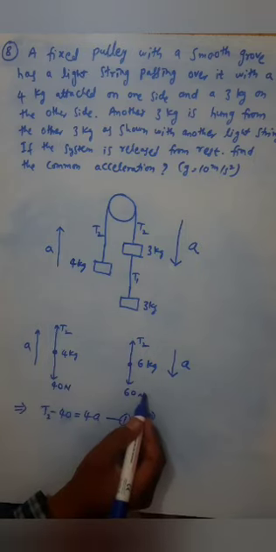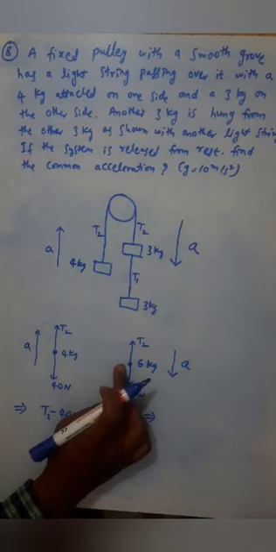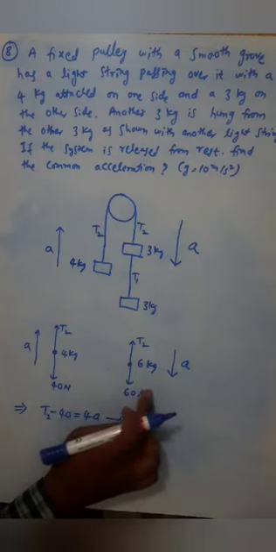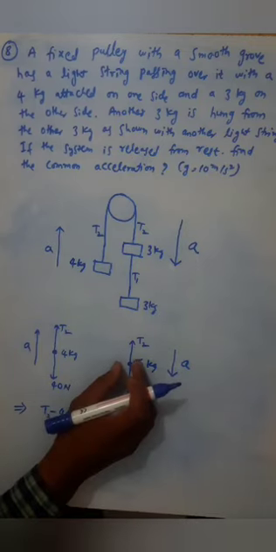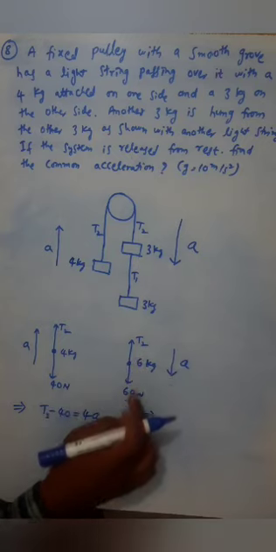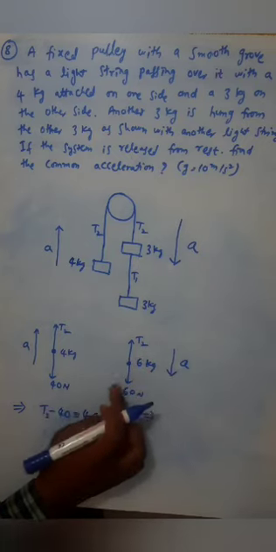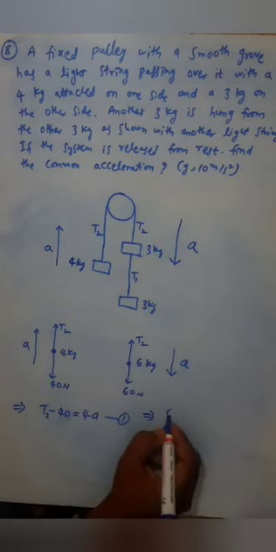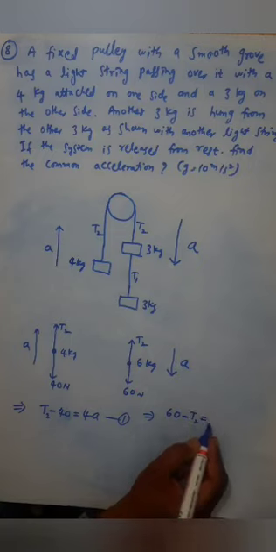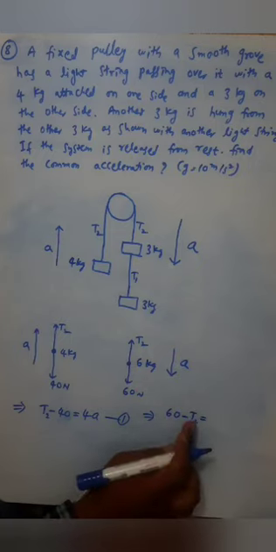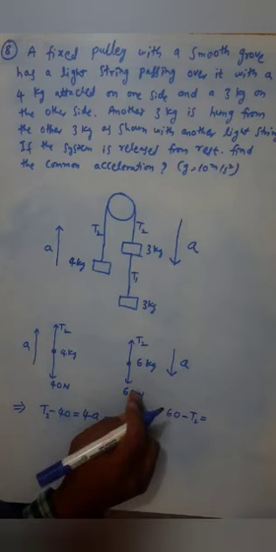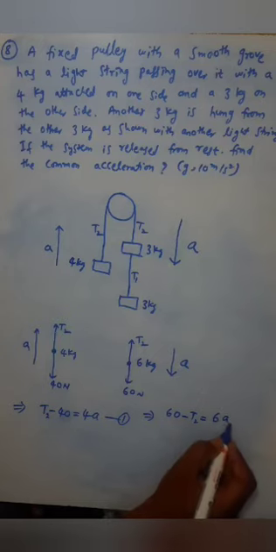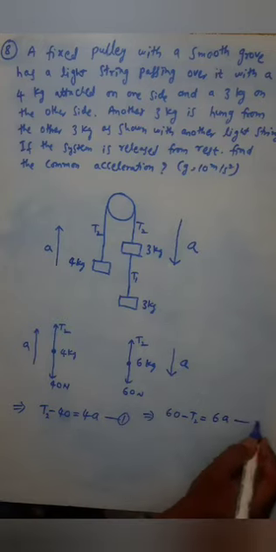So 60 minus T2 is equal to the net force on the particle, which is ma. Here m is 6, so it is 6a. Let us call this equation 2.